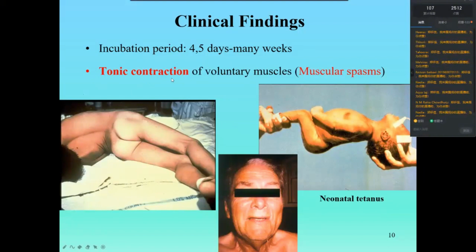And tonic contraction is the major symptom, and it can cause infection in either newborns or adults. Okay, so that's the clinical findings.